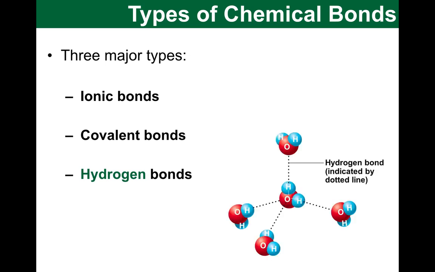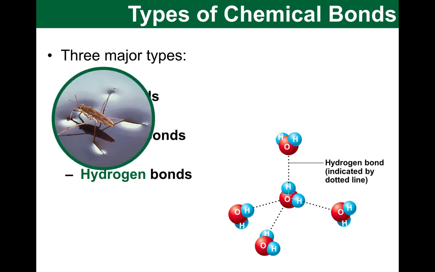These happen when a hydrogen atom already covalently linked to one electronegative atom is attracted to another electronegative atom so that a bridge forms between them. So this is what we see with water molecules tending to stick together. And this is what gives water its high surface tension, which again is used, for example, by this bug that we see walking on water.